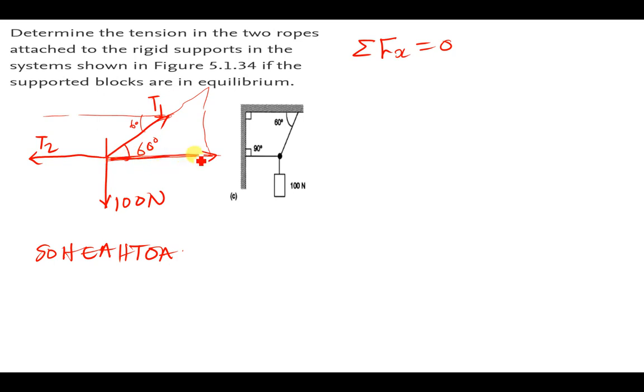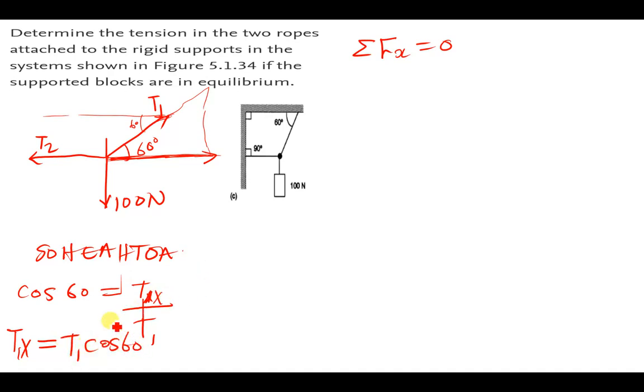So we're going to say cos 60 degrees is equal to the adjacent, which is T1 in the X, divided by the hypotenuse, which is just T1. So if we make T1 in the X the subject, the answer will simply be T1 cos 60.